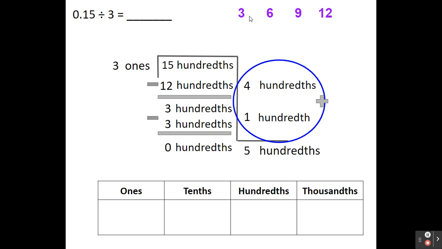I'm going to put that into my place value chart to help myself rewrite it into standard form. So I put 5 in the hundredths. There's nothing in the tenths or the ones, so I put 2 zeros. And remember, there's always a decimal between the ones and the tenths. So I'm going to write it as 0 and 500.